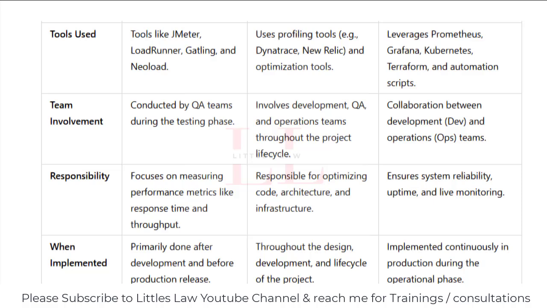And just to give you a quick example, let me take Dynatrace as an example. So for example, if you're building a video streaming platform, something like Netflix or Hotstar, the performance engineer's role is to use Dynatrace to profile the application while it is still in development. And just to recap, the performance engineering role starts along with the development, right?